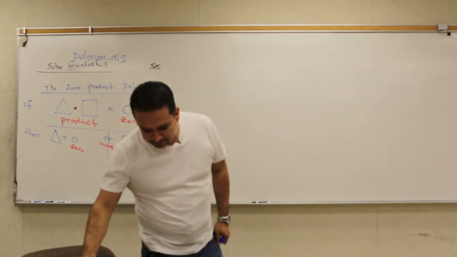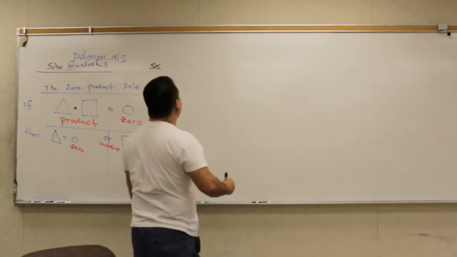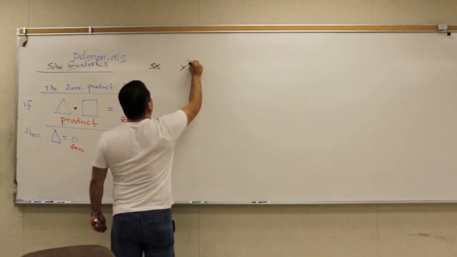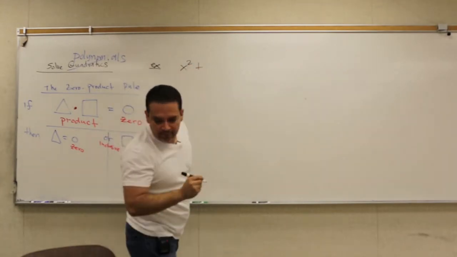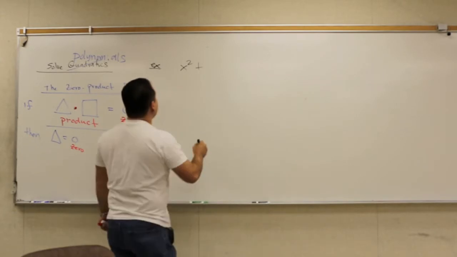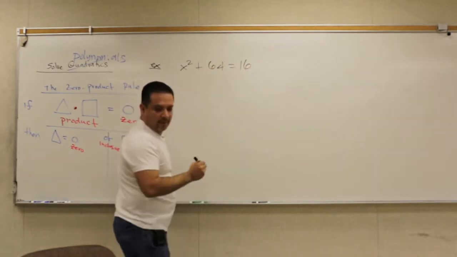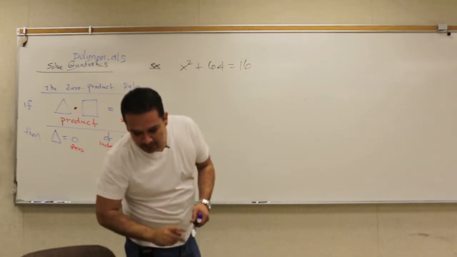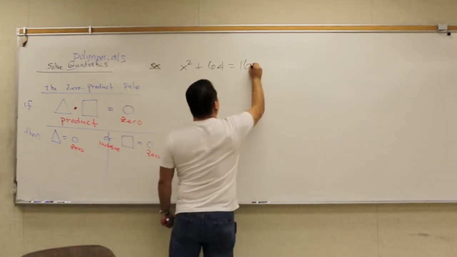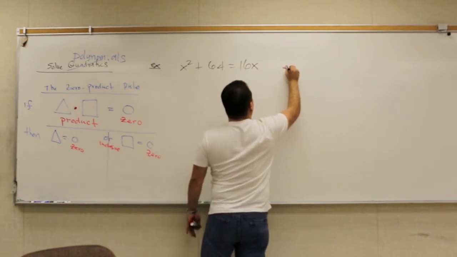All right, let's try this out. x squared minus 16x plus 64 equals 0. Try that one out.